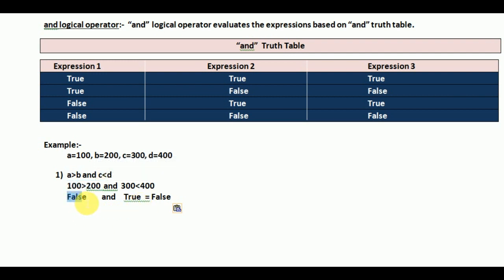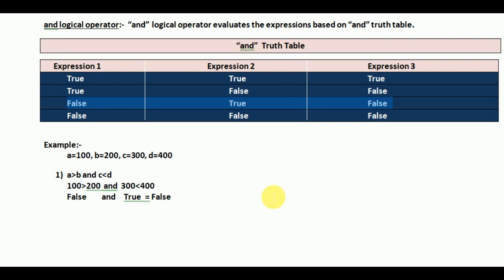Now false and true together produce the output false, because in the truth table false and true will produce the resultant value false.